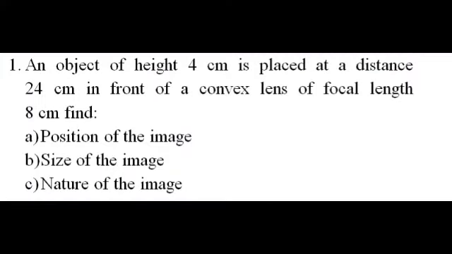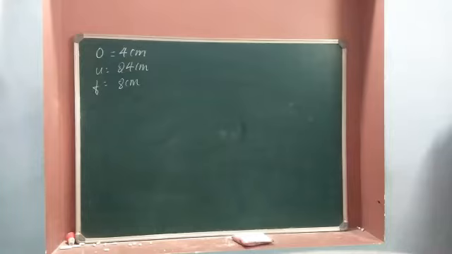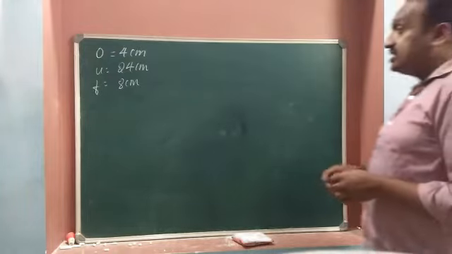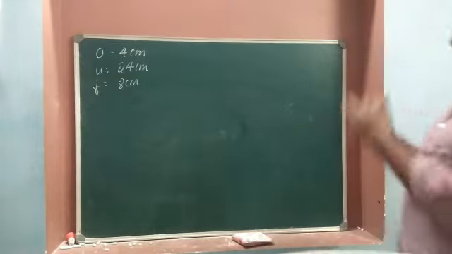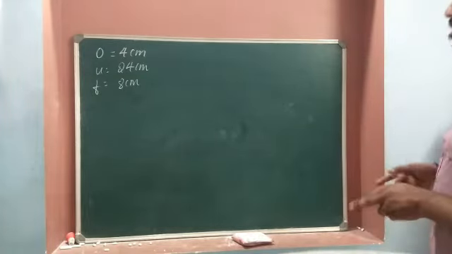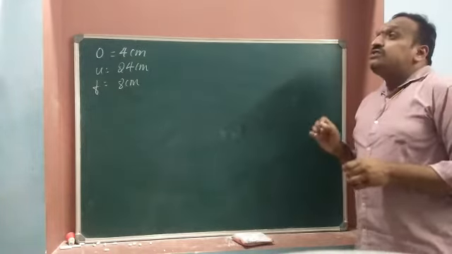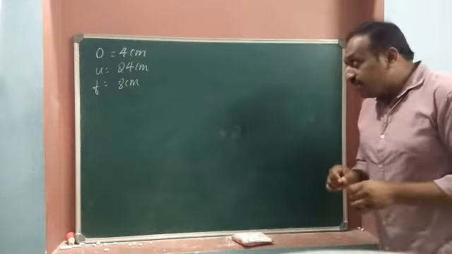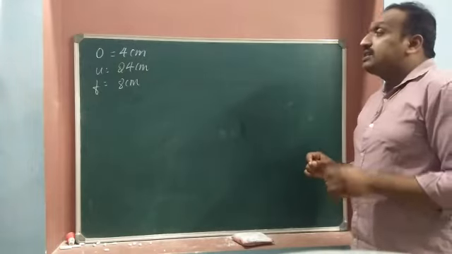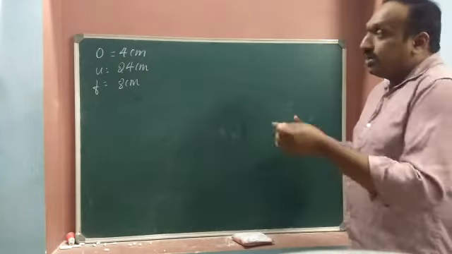Yes students, if you are clear with those things, let us solve a few numericals based on the content explained. An object of height 4 centimeter is placed at a distance of 24 centimeter in front of a convex lens of focal length 8 centimeter. We need to find the position of the image as well as its nature. So let us find it.